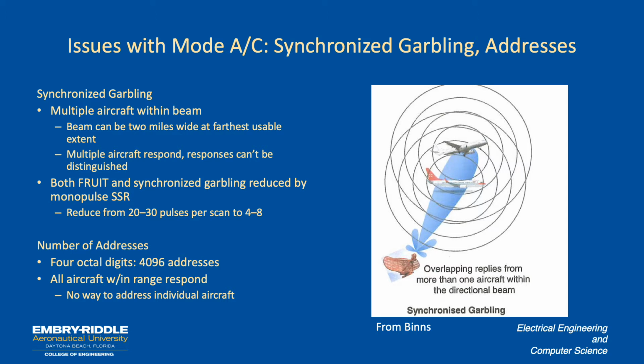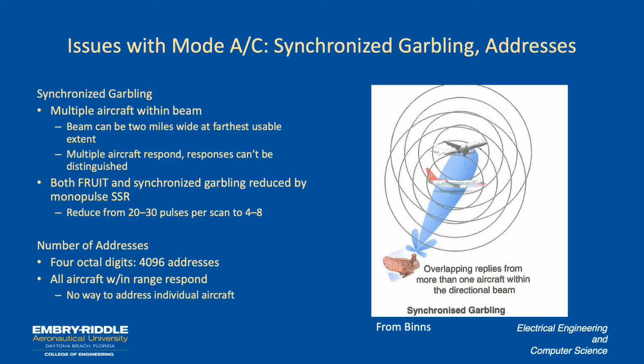So all this just comes back to the radar at the air traffic controller, and they can get the identity of the aircraft from the mode A and the mode C responses, and yet there's only so many you can have, and there's no way to ask individual aircraft particular questions.